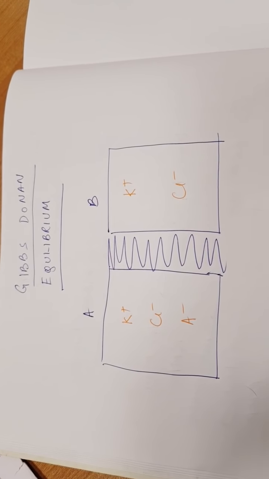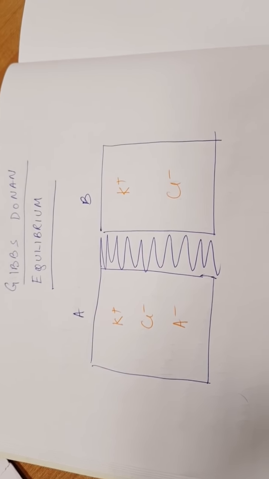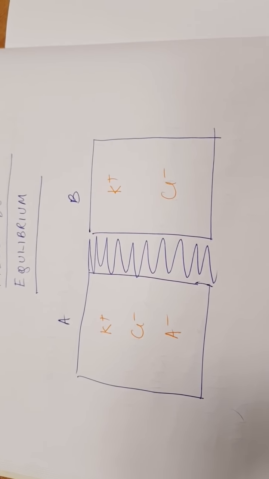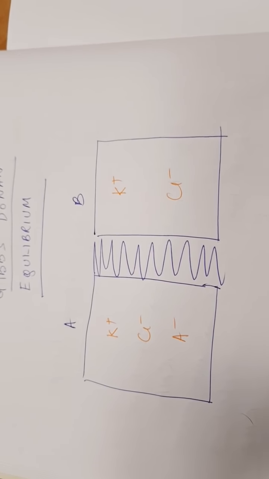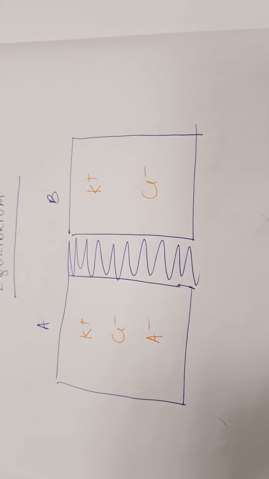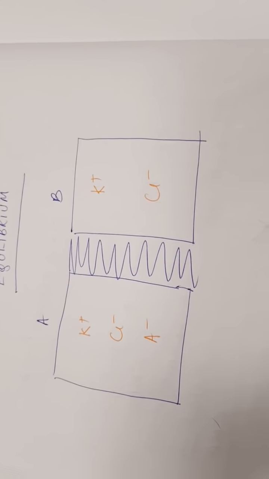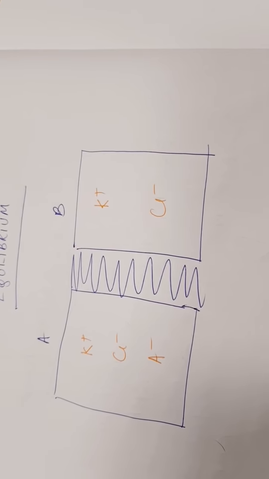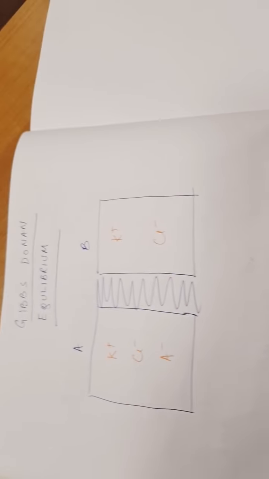Now by the Nernst equation we find that the equilibrium potential of potassium is minus 90 millivolt. The Nernst equation assumes that the membrane is only permeable to potassium. So by the Nernst equation the RMP, resting membrane potential, should have been minus 90 millivolt, but it is not minus 90 millivolt. It is measured to be minus 70 millivolt.